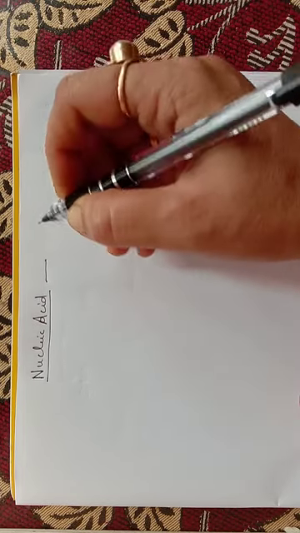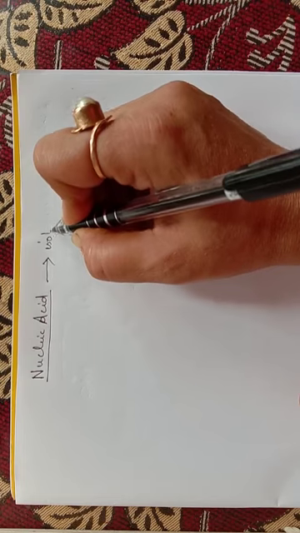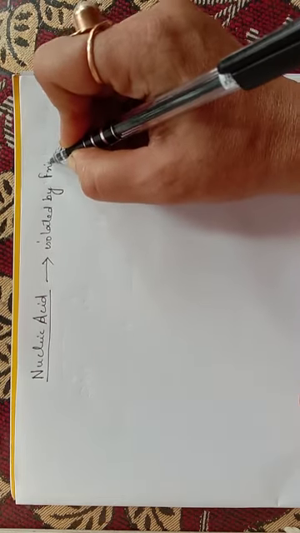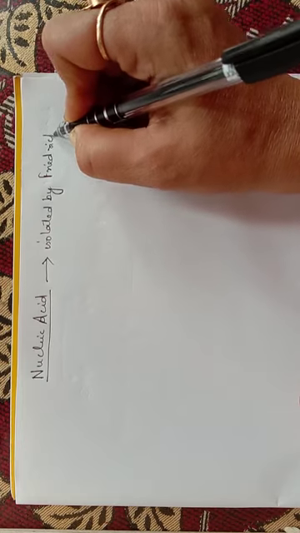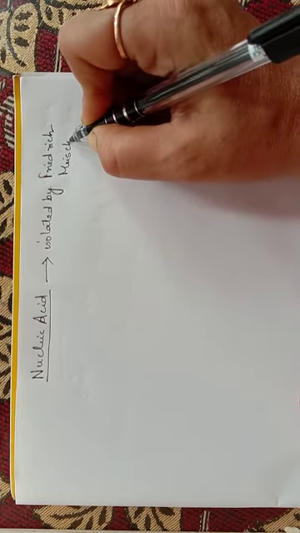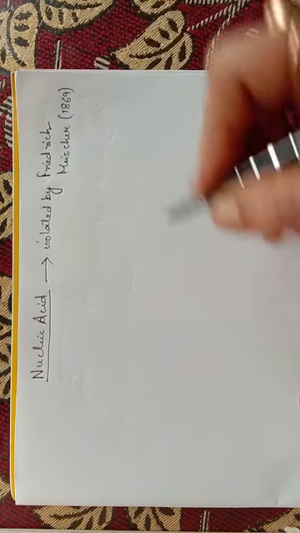So we know that nucleic acid was first isolated by Friedrich Miescher in 1869.